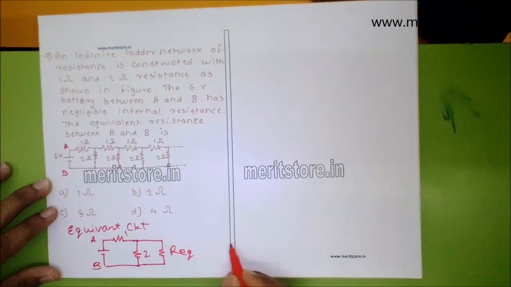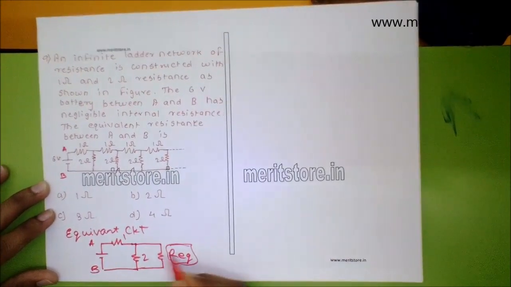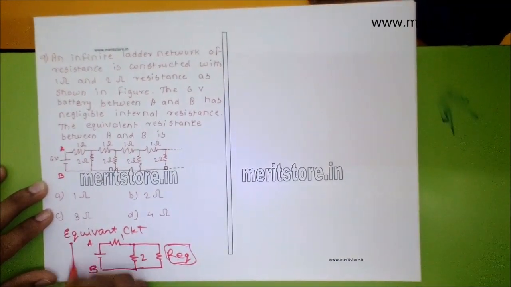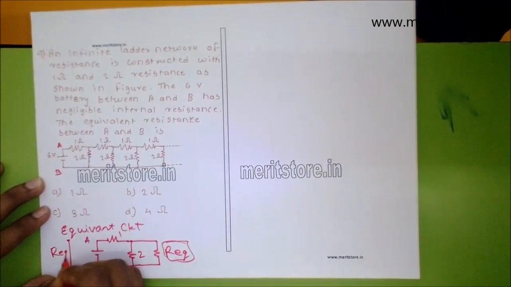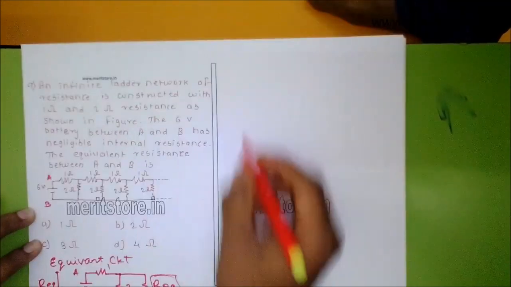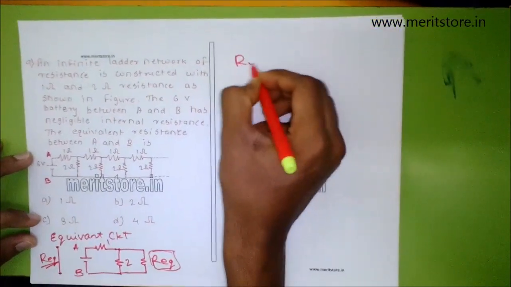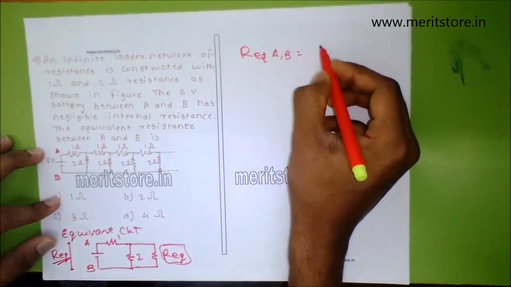The entire infinite series can be considered as a shunt of R equivalent, and the resistance between the points A and B that we need to find is R equivalent.